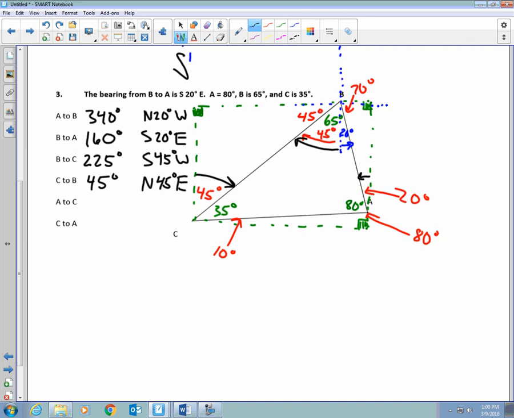And A to C. Well, this is south what? A to C is southwest. And how many degrees to the west of south? 80. No, it doesn't.